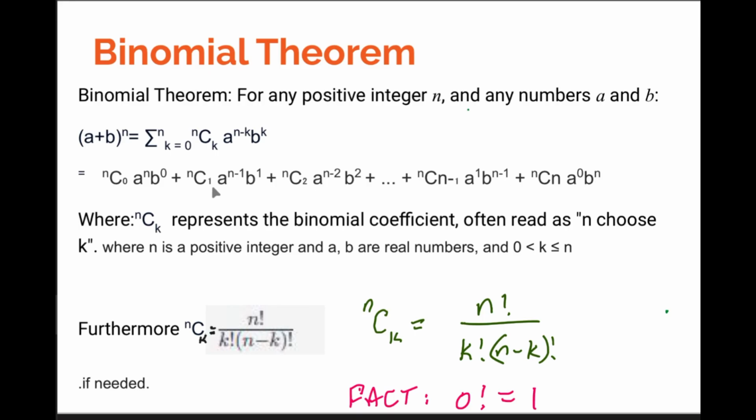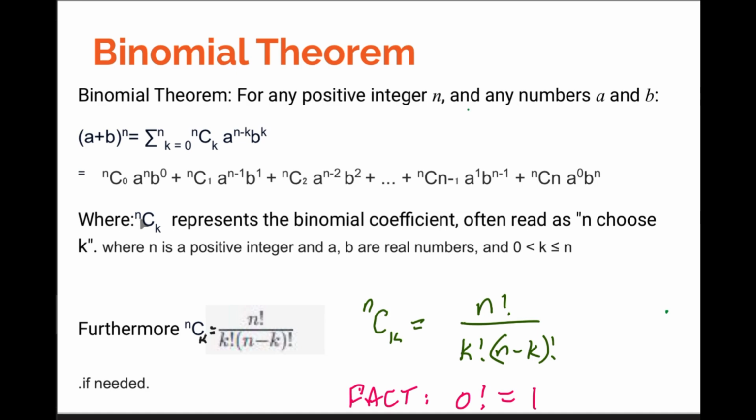Now the C here is sometimes read "choose", okay? It's for the combination. So you could say n choose 0, n choose 1, n choose 2, n choose n minus 1, and so on, right? Or you could say combination.